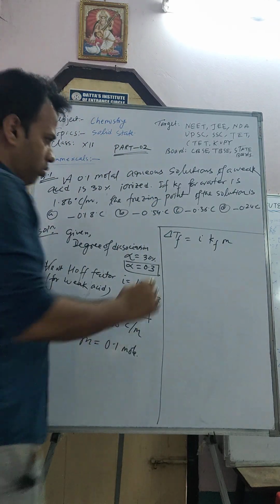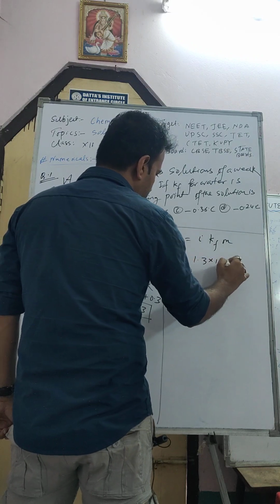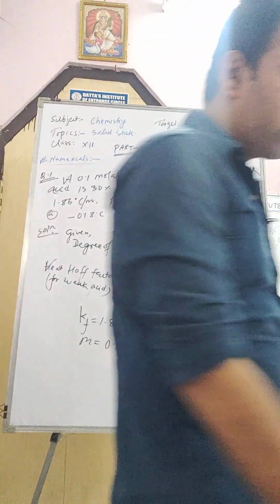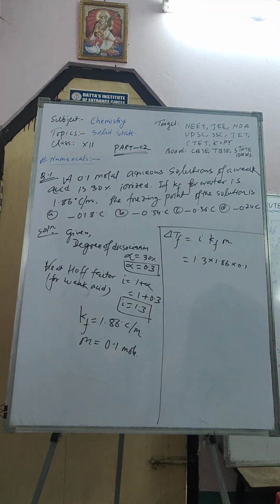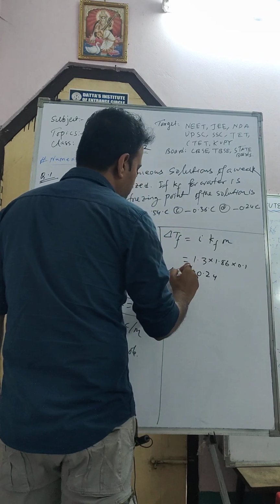So i is 1.3, Kf is 1.86 and molality is 0.1. If you multiply this, you will get 0.24. So del Tf is this one.